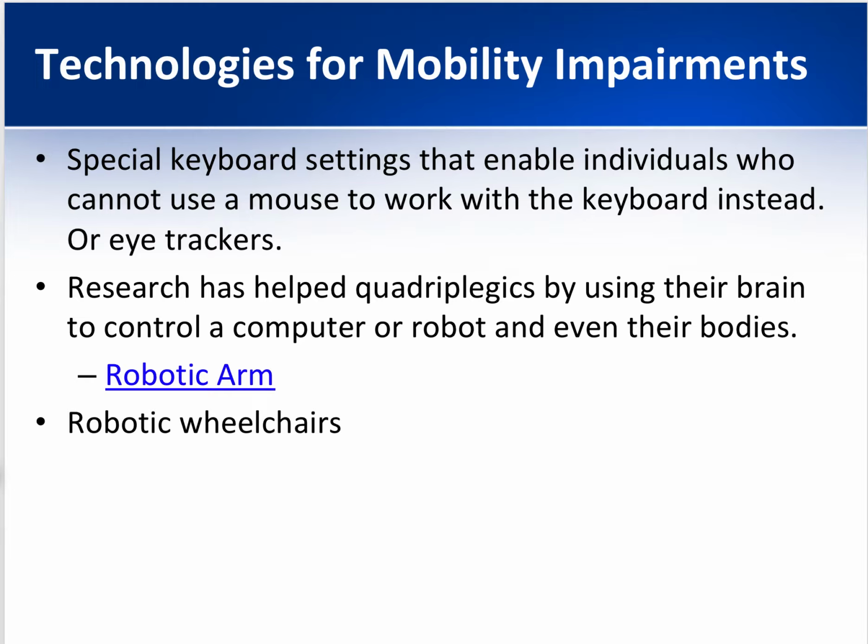We spoke a little bit about this. There's also eye trackers. And there's research even that helps people use their brains to control a computer or a robot so that they don't need to rely on their bodies if they can't move. So I have a video that you can watch as well. And there's also robotic wheelchairs.